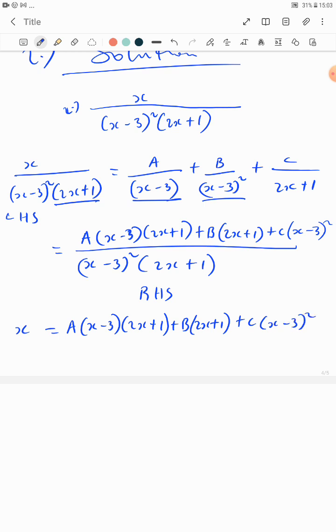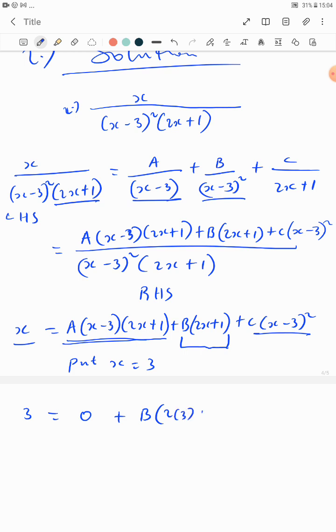So if we put x as 3, this will disappear, this will disappear, so we'll be able to eliminate that. They will become 0, and then we can focus on getting our B. So let's put x equals 3, so this will be 3 here, which is our x, equals, everything here will become 0, plus only B will remain, which will be 2 times (3 plus 1), then everything about C will also become 0.